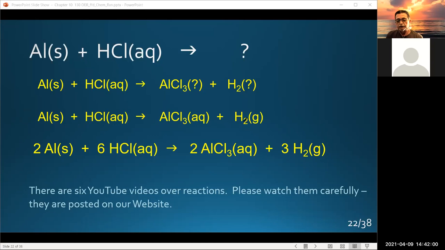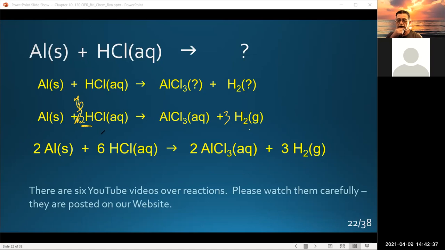Let me rehash that. So initially, if I put a 3 here to balance my chlorides, sounds good. However, now I got a very dissimilar system because I got 3 hydrogens and 2 here. So just like we had dissimilar numbers in the past, if I put a 3 here, I need to double this 3 to 6.